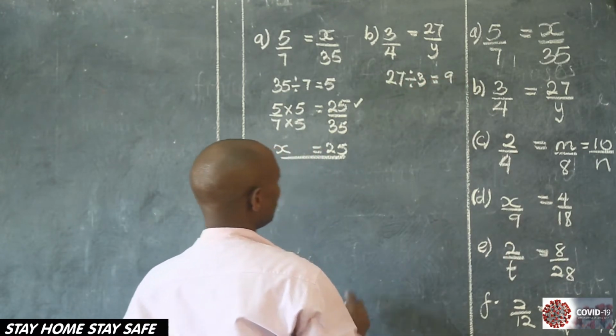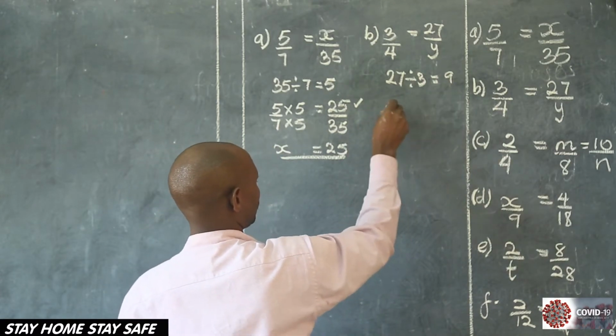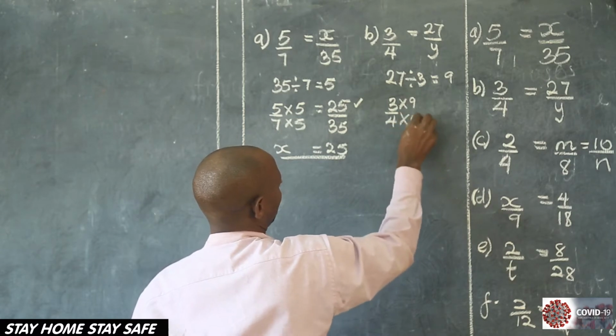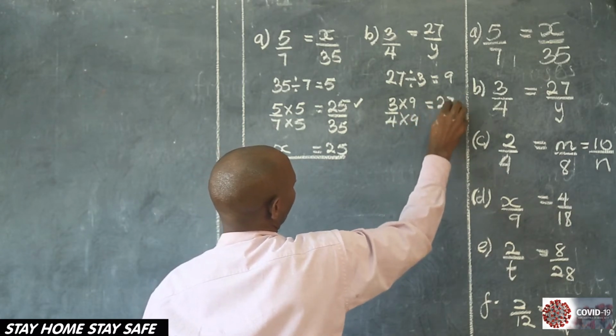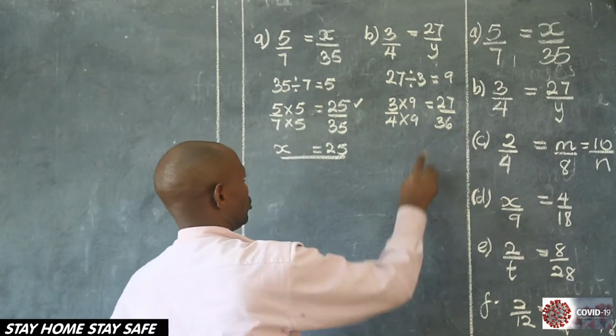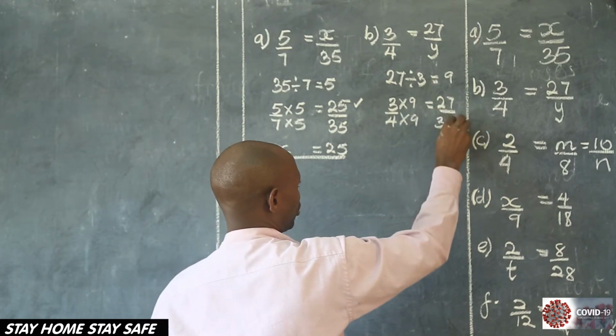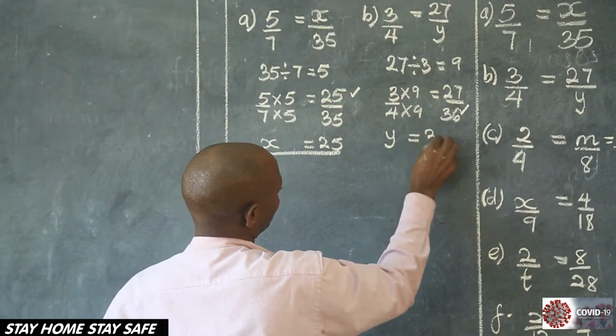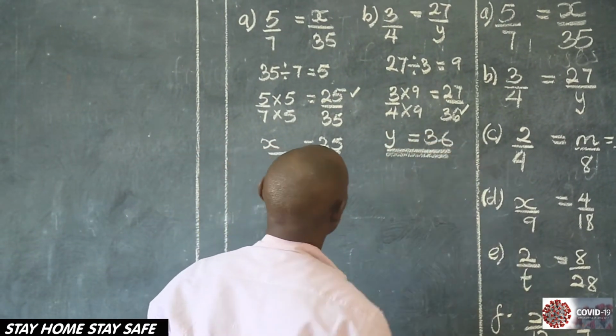So it means the common factor now is 9. So we shall have 3/4 times 9 times 9, which will give you 27 out of 36. 27 is already given, so we compare using the denominators. Therefore, y is equal to 36.